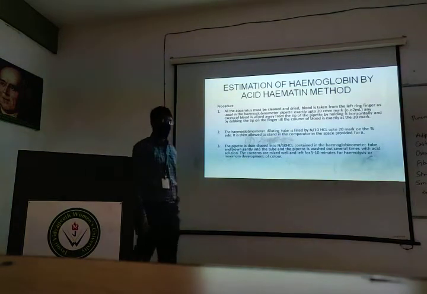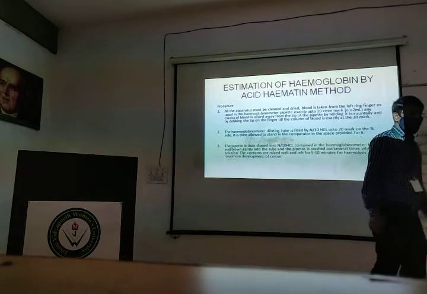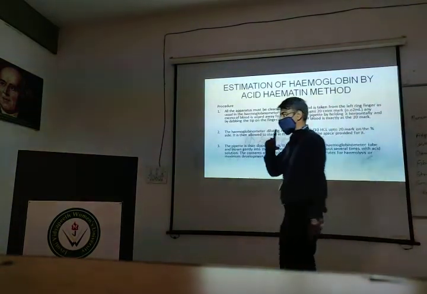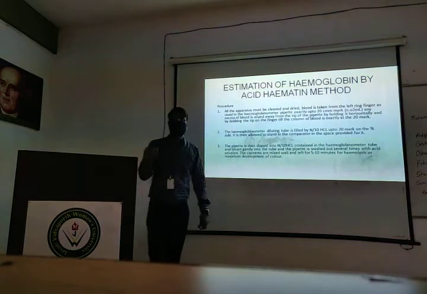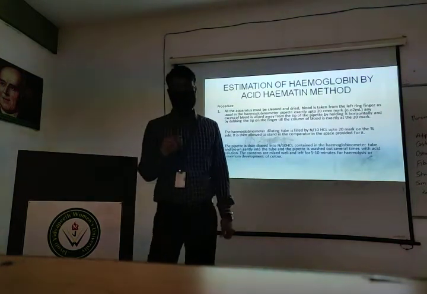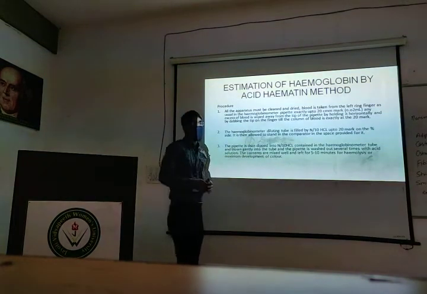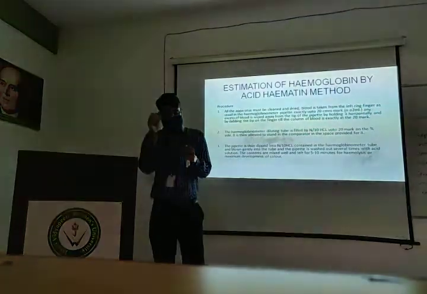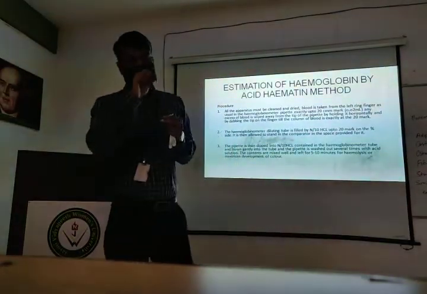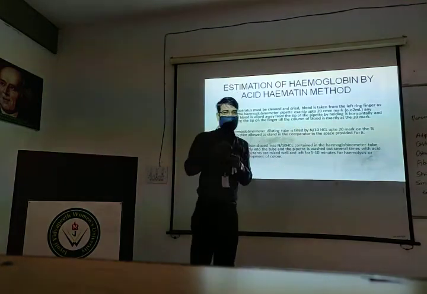Now in the next process, we take the hemoglobin tube and fill it up to the 2 mark with N/10 HCl, and after taking the blood in the hemoglobin pipette up to the 20 mm mark, we put the blood into the hemoglobin tube, which contains the N/10 HCl up to the 20 or 2 mark.